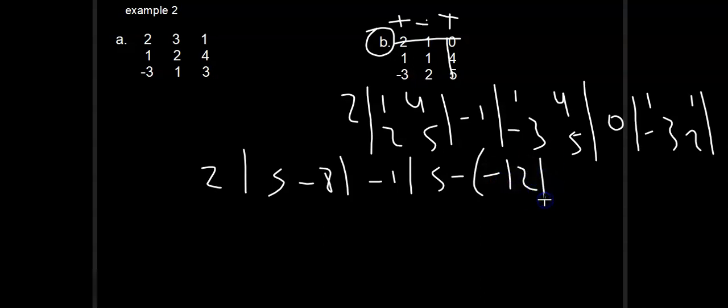And then the last one will be positive 0. So 0 times 1 times 2 is 2, and minus of minus 3 times 1 is positive 1. It will be positive since we got these two negatives over here. When I solve it, I'm going to get 2 times 5 minus 8.